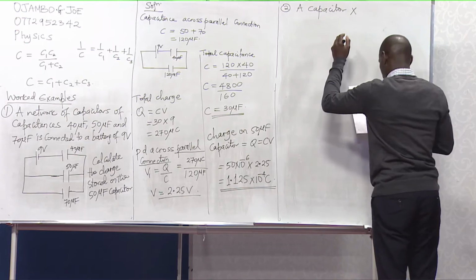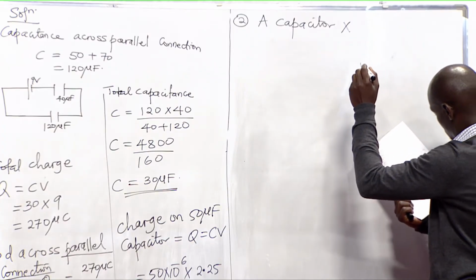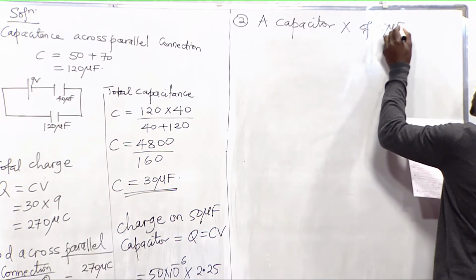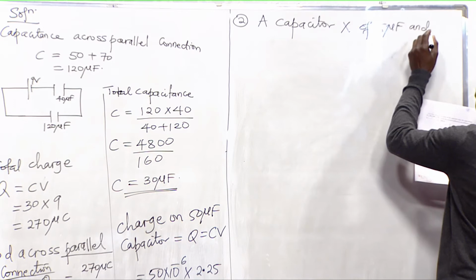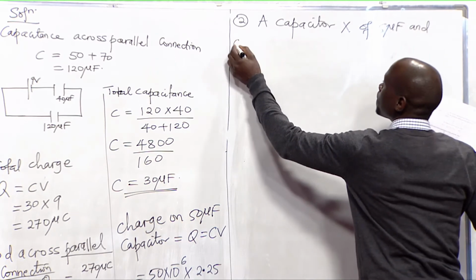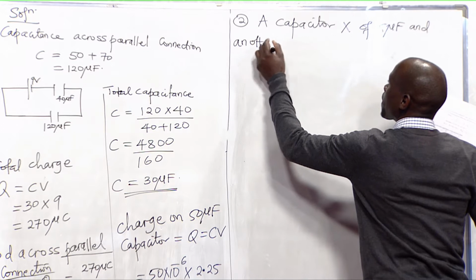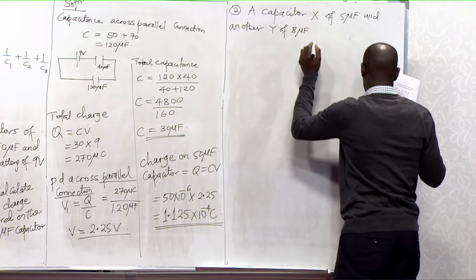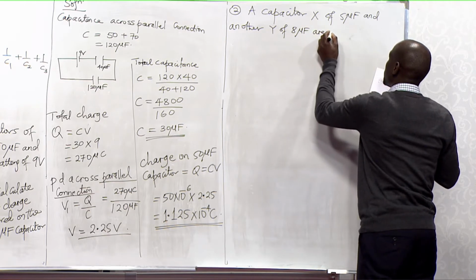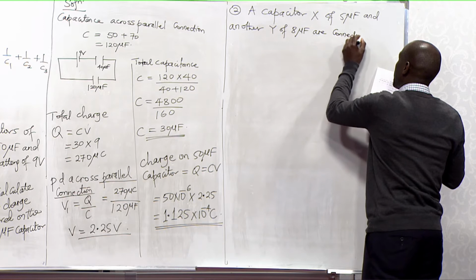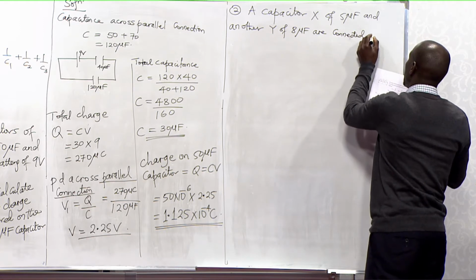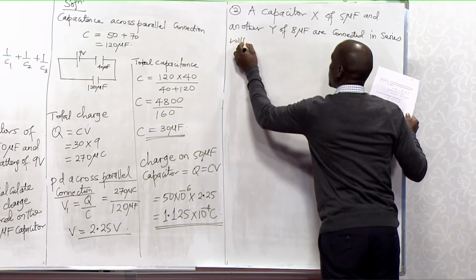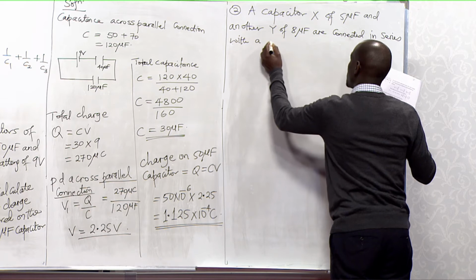So example 2 says: a capacitor X of 5 microfarads and another, Y, of 8 microfarads are connected in series with a 20 volt supply.